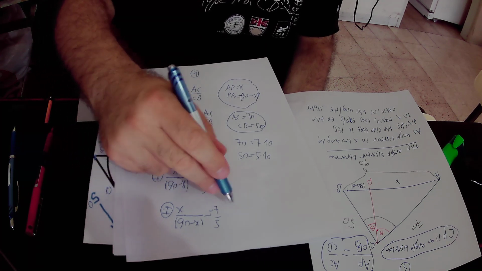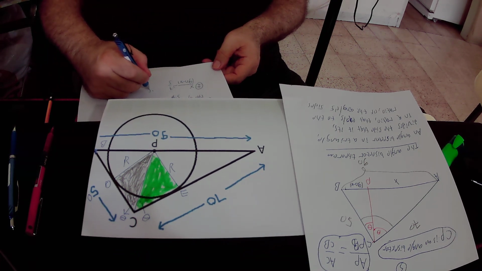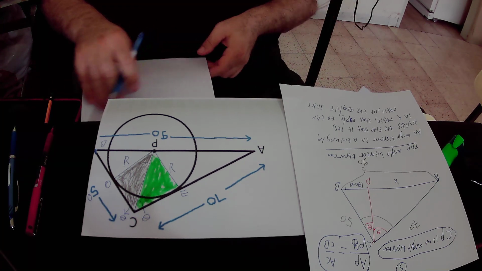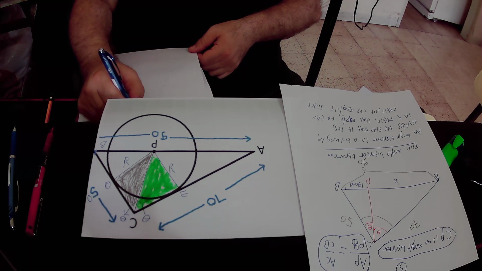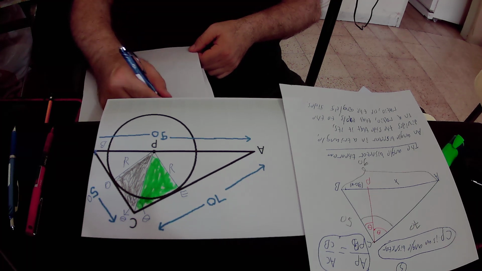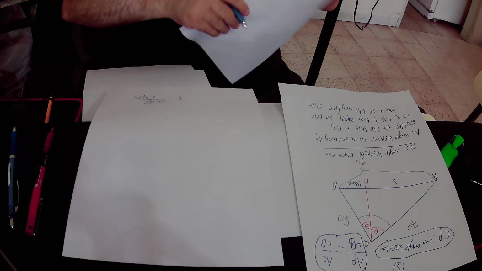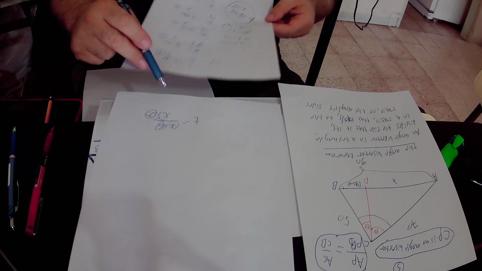Now we'll multiply both sides of the equation by 5. So 7 divided by 5 times 5 equals 7, and x over 90 minus x times 5 equals 5x over 90 minus x.